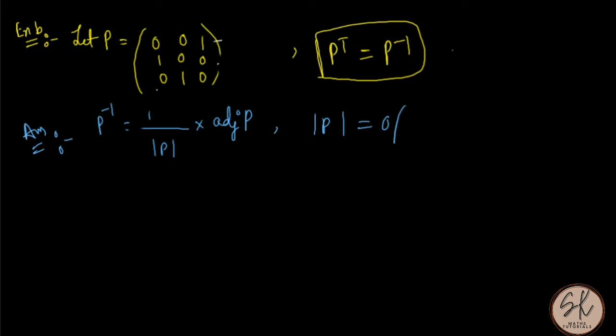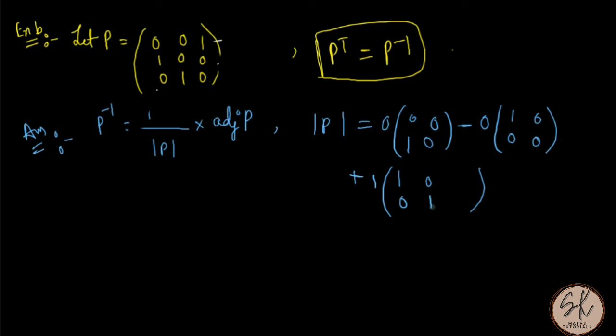So we will get this as 0 into, okay, see, hide the first row and first column, then you will get this as 0, 0, 1, 0. Okay, now minus 0 into, hide the first row and second column, then we will get this as 1, 0, 0, 0. Okay, then plus 1 into, hide the first row and third column, so this will be 1, 0, 0, 1. Okay, see, the first two elements will be 0 because 0 into anything will give 0.